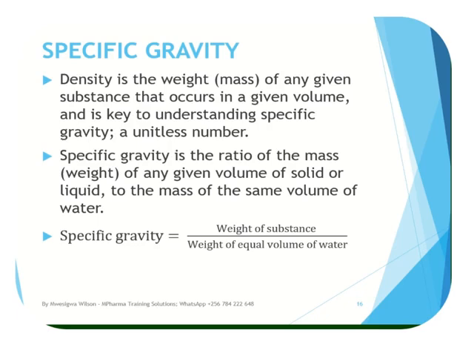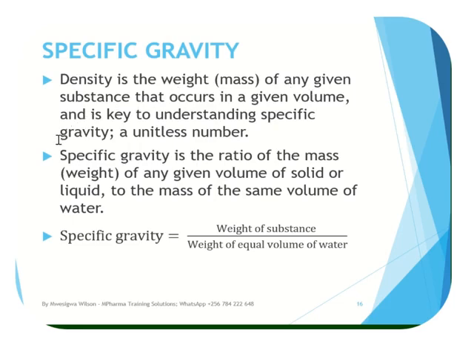Now, the other way we can express strength is specific gravity. This one is going to be important when we shall be converting, especially volume to weights. And specific gravity is derived from density. Density is the weight or mass of any given substance that occurs in a given volume, or divided by the given volume.